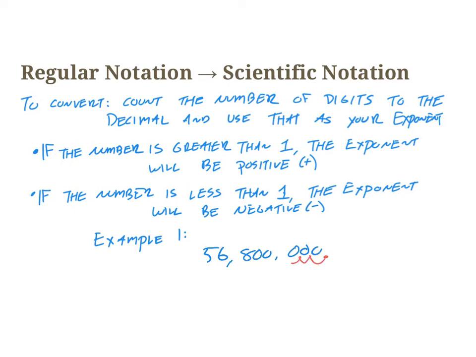So 1, 2, 3, 4, 5, 6, 7. Now I have the number 5.68, which is between 1 and 10, times 10, and the exponent this time is going to be 7. The 7 has to be positive because the original number was greater than 1.